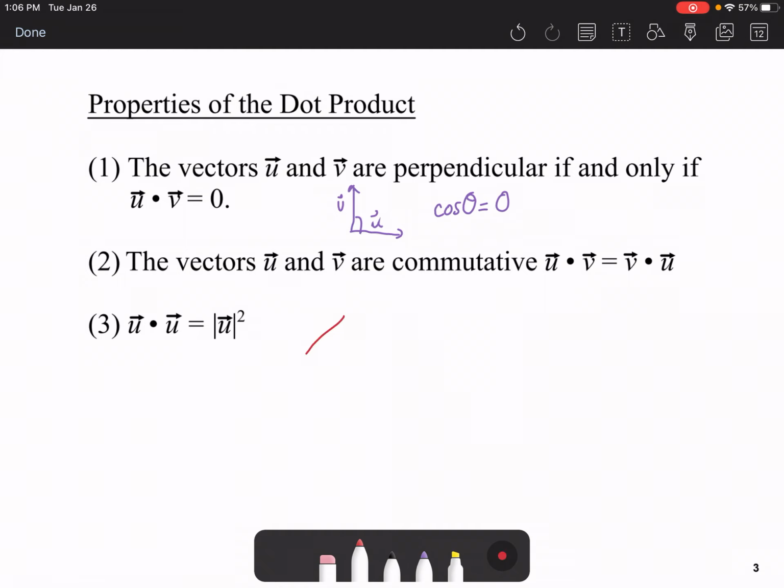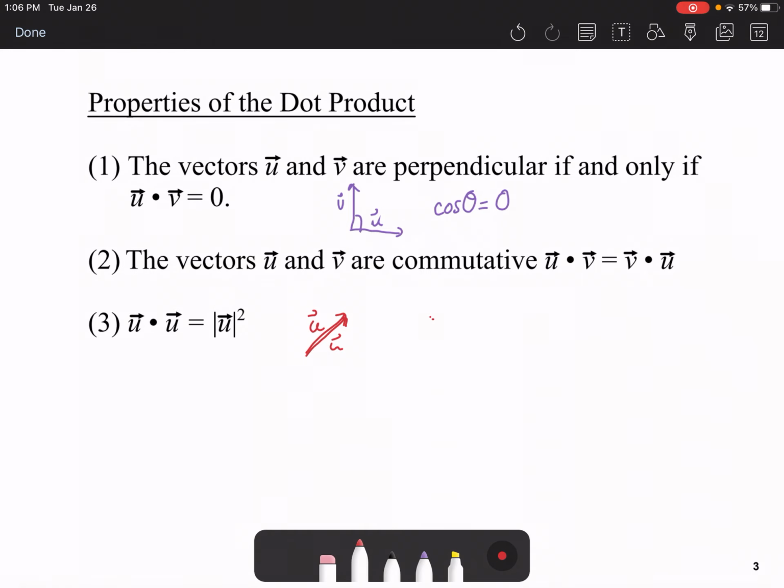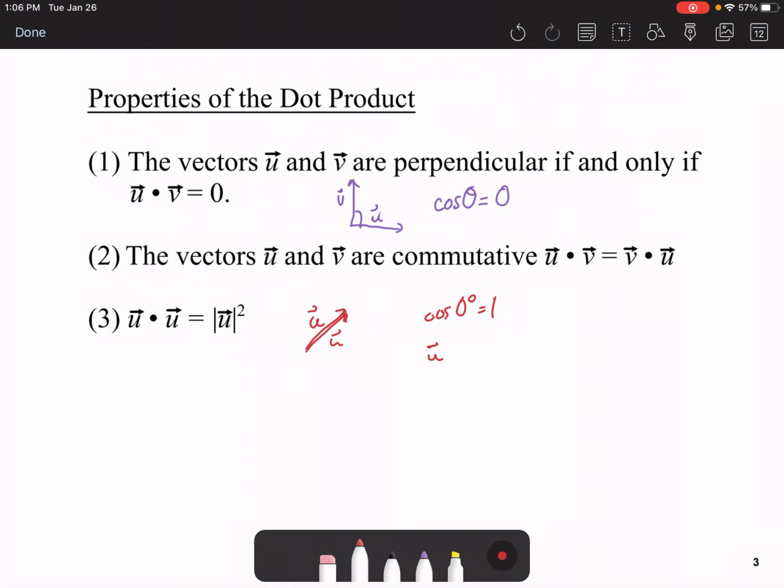Also, if you have two vectors that are exactly the same, and you take the dot product between these two things, because the angle between them is 0, cosine of 0 degrees is actually the value of 1. So all you're doing is just taking the magnitudes and multiplying them. So u dot u just turns out to be equal to the magnitude of u times the magnitude of u, or the magnitude of u squared.